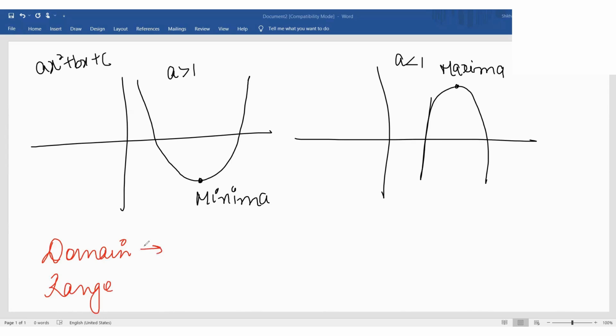Domain means all the x values which satisfy my given function. And range is all your y values which satisfy that particular function. We are talking about the particular function, not the general thing, because domain and range belong to a particular function.